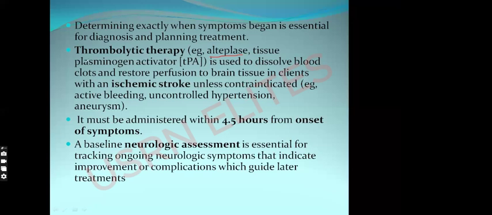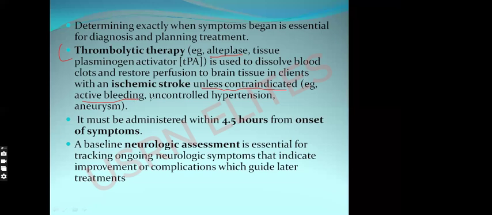So what does this point tell you? You see, we are saying unless contraindicated, for example, when someone has active bleeding. So when someone has a condition that is causing an active bleed, you don't give any thrombolytic therapy, regardless of whether it is from the brain or from anywhere.